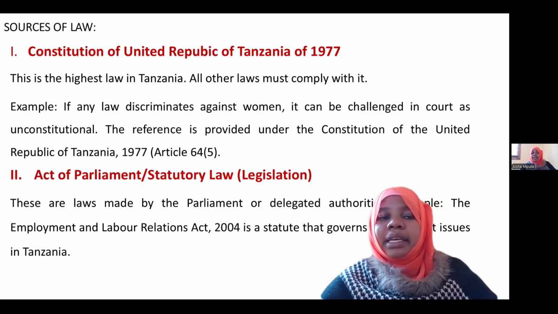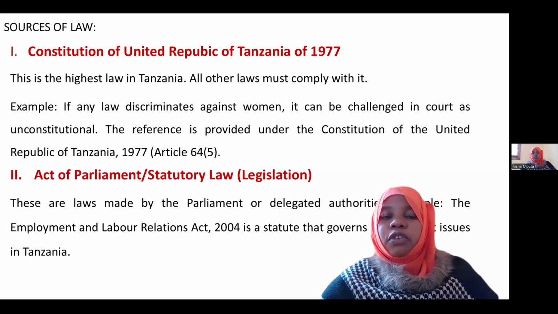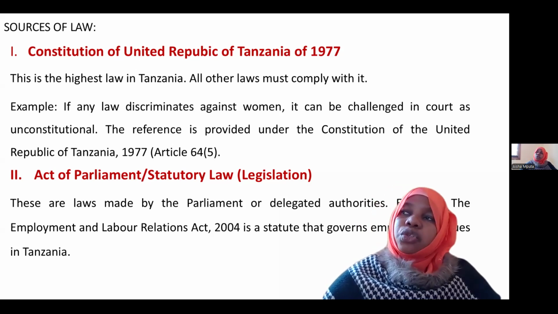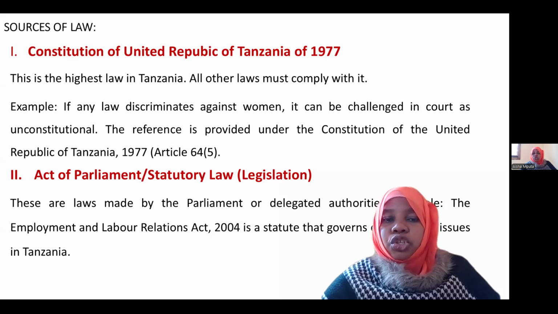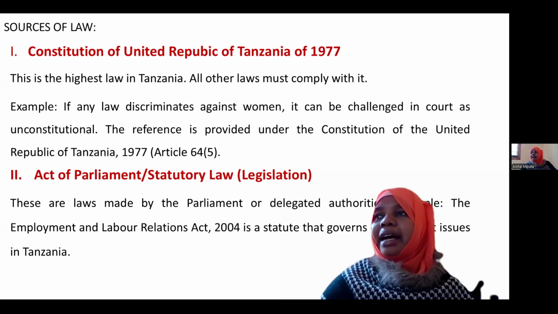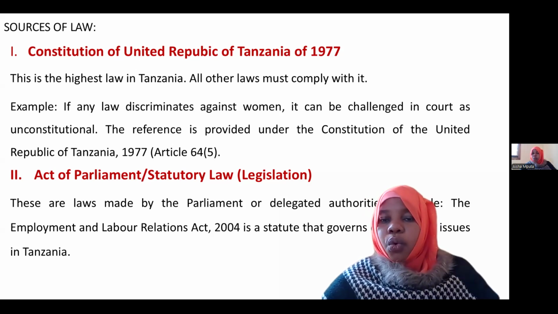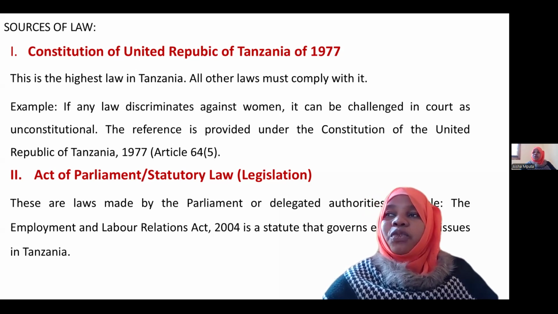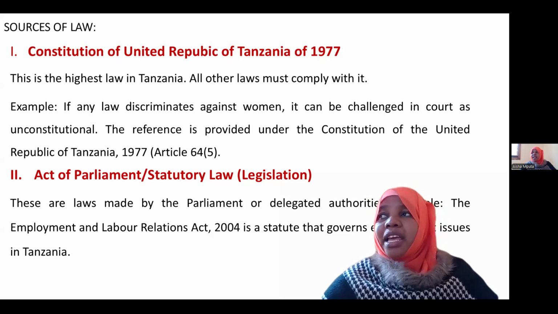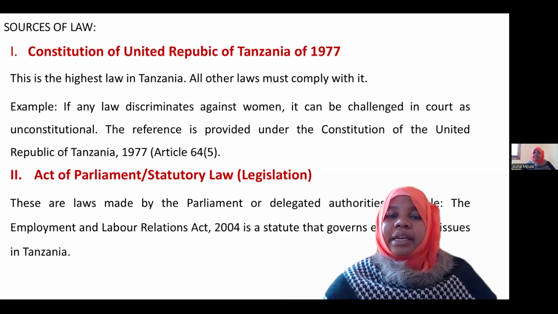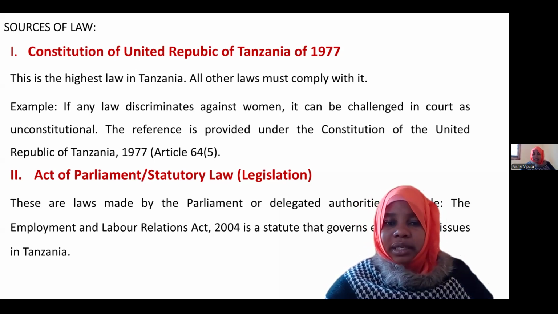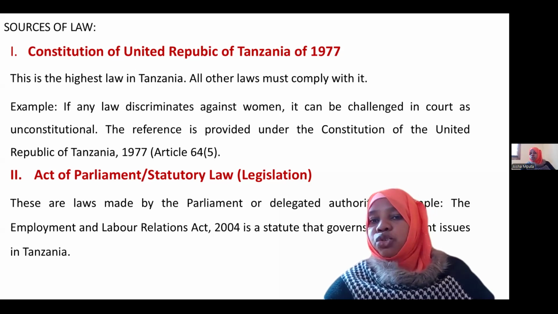Now, Act of Parliament. Another source of law is an Act of Parliament, which you may call statutory law or legislation. These are laws or statutes enacted by the Parliament of the United Republic of Tanzania, which is given the power or mandate to enact laws. So all laws in the country enacted by the Parliament act as principal legislation, or Act of Parliament, or statutory law.